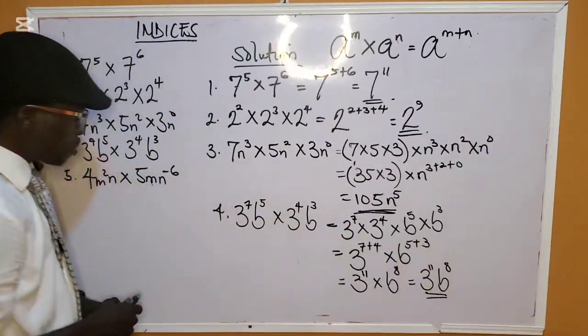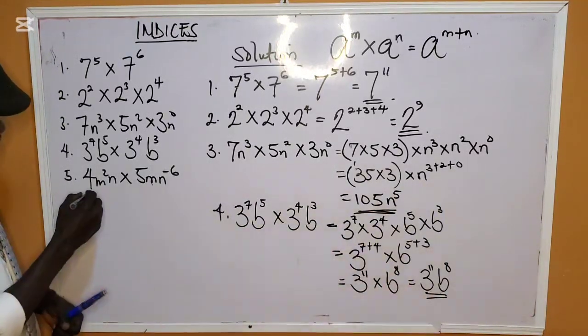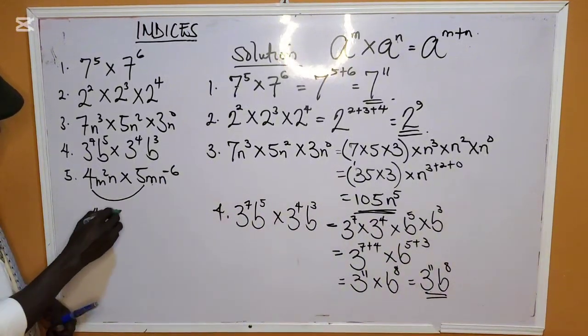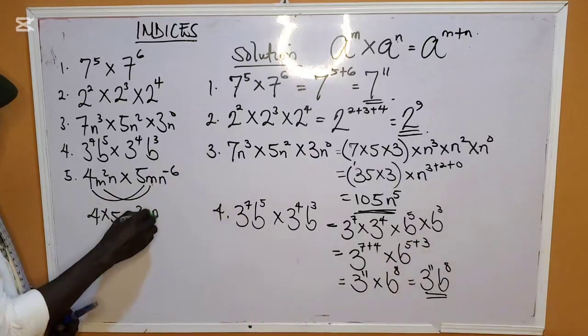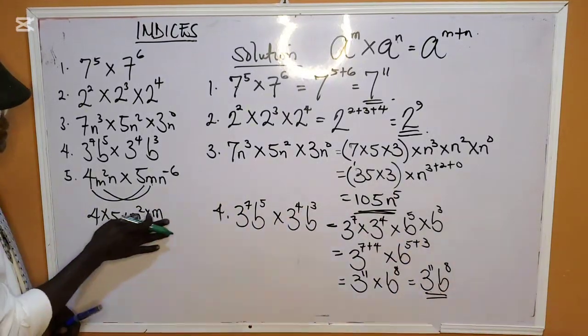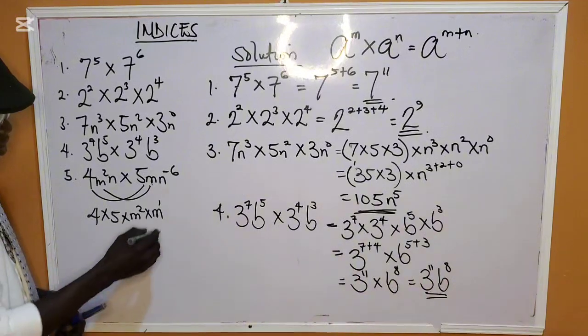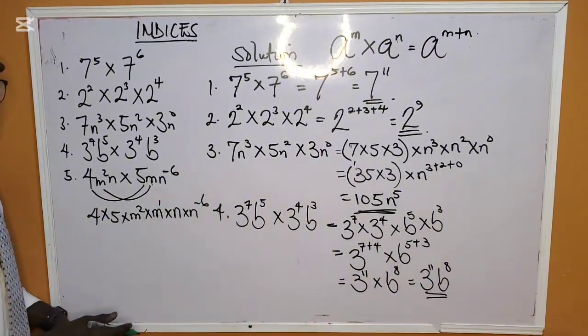So now let's go to the fifth question. The fifth question, we have coefficients. Now we take this and this together, that's 4 multiplied by 5. Then we take the m's together, that's m squared multiplied by m. You should know that whenever we have just a letter without a power, that means the power is 1. Multiplied by n multiplied by n raised to the power minus 6.